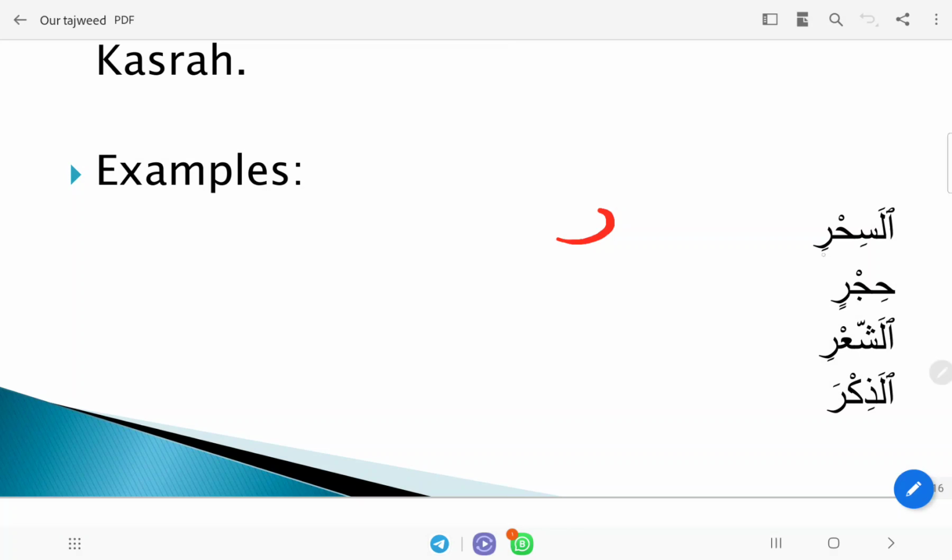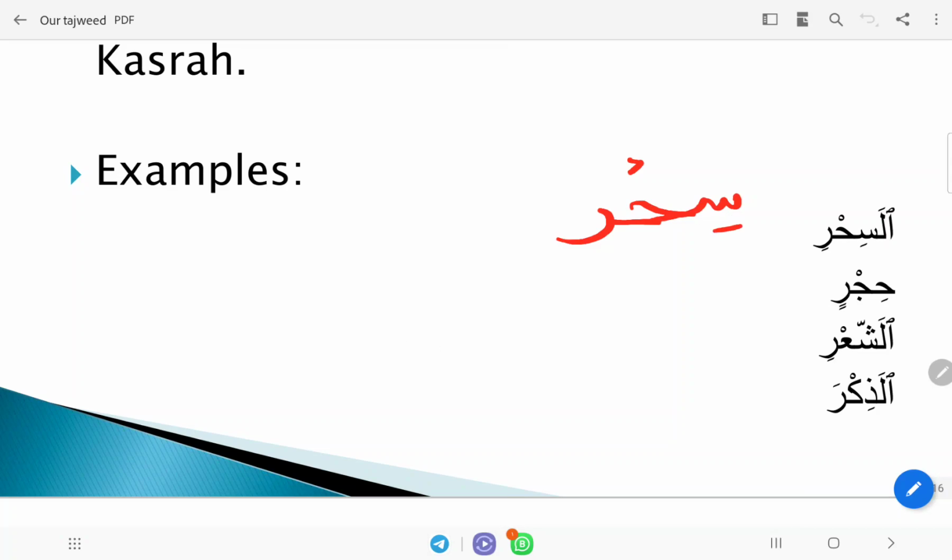And the ra has كسرة, and in stopping the ra became ساكن. So the ra ساكن is preceded by the حاء which is ساكن, and the حاء ساكن is preceded by كسرة.